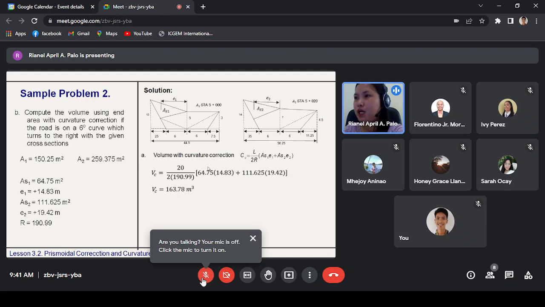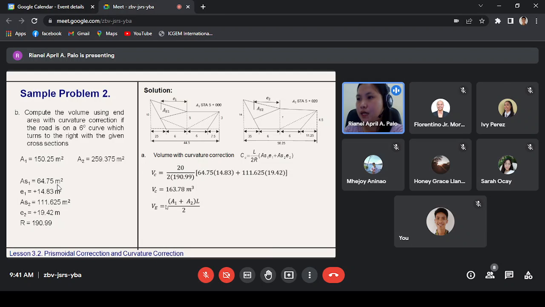Then, remember that our curvature correction should be added to the computed volume. The end area volume we computed in 2.8 is equal to 4,096.25. So our corrected volume is 4,096.25 plus the computed curvature correction.